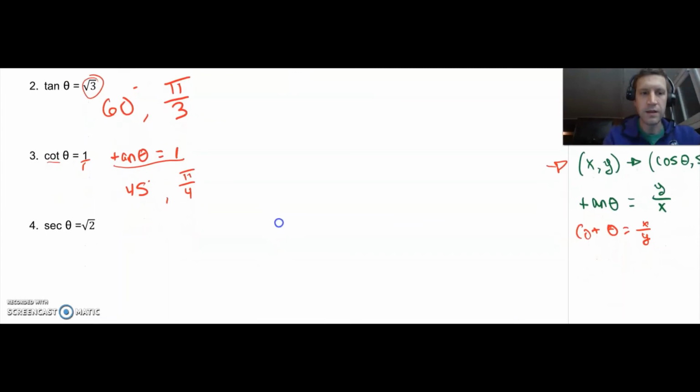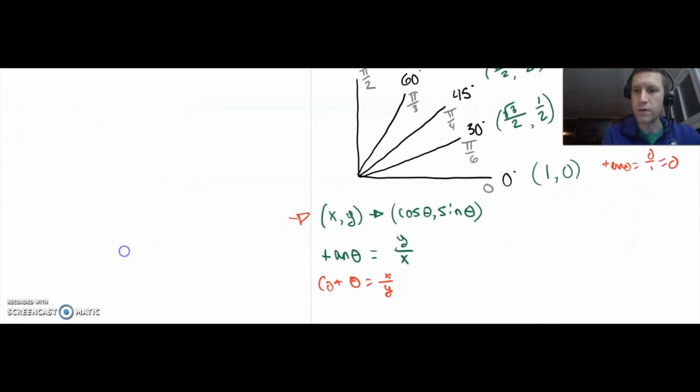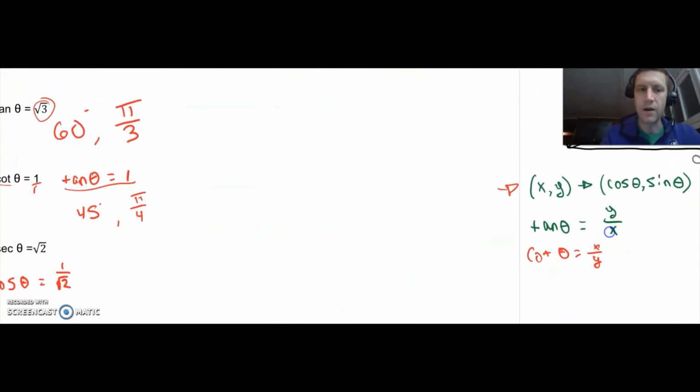And then secant, again, secant doesn't show up on the unit circle, but secant is the reciprocal of cosine. Cosine shows up, so I'm going to use this information. Cosine of theta is the reciprocal of secant. Now, I don't see 1 over root 2 anywhere on the unit circle for a coordinate, right? Oh, I didn't rationalize.